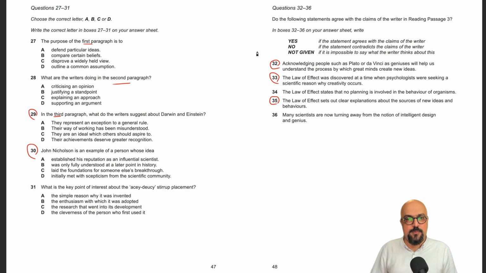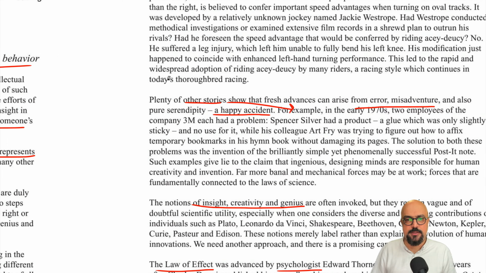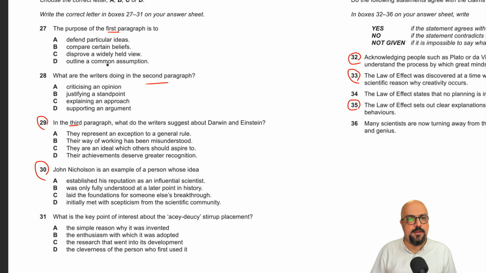I would start with one of these two. It doesn't really matter which one. Usually, when we are given the paragraph numbers, on the one hand, it's good news because we won't have to be looking for the paragraphs, because we know where they are.